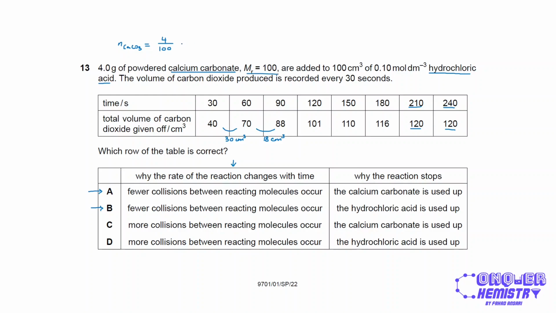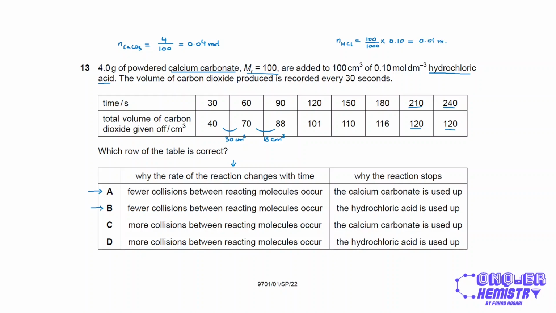So this gives us 0.04 moles, right? And for hydrochloric acid, we find the moles of HCl by multiplying the volume, which is 100. First, we divide this by 1000 to convert to cubic decimeters. Then you multiply by concentration.